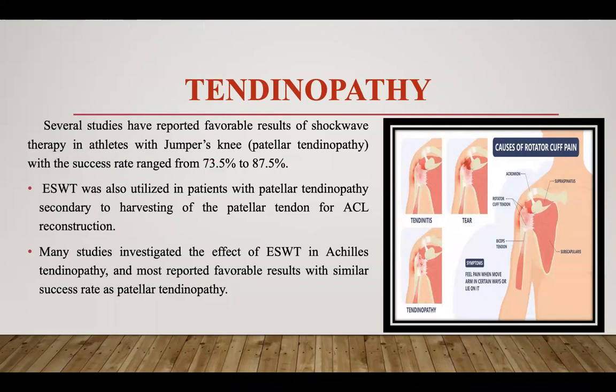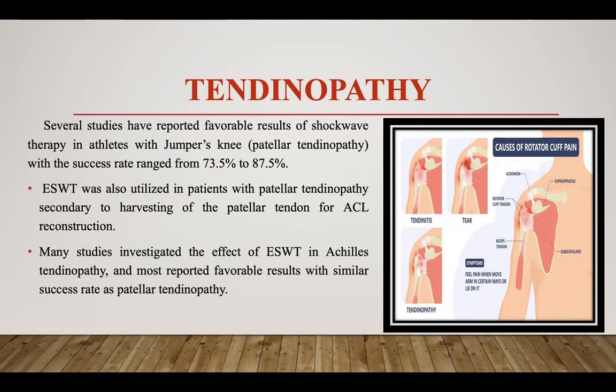Extracorporeal shockwave therapy was also utilized in patients with patellar tendinopathy secondary to harvest of the patellar tendon for ACL reconstructions. Many studies investigated the effect of extracorporeal shockwave therapy in Achilles tendinopathy and most reported favorable results with a similar success rate as patellar tendinopathy.